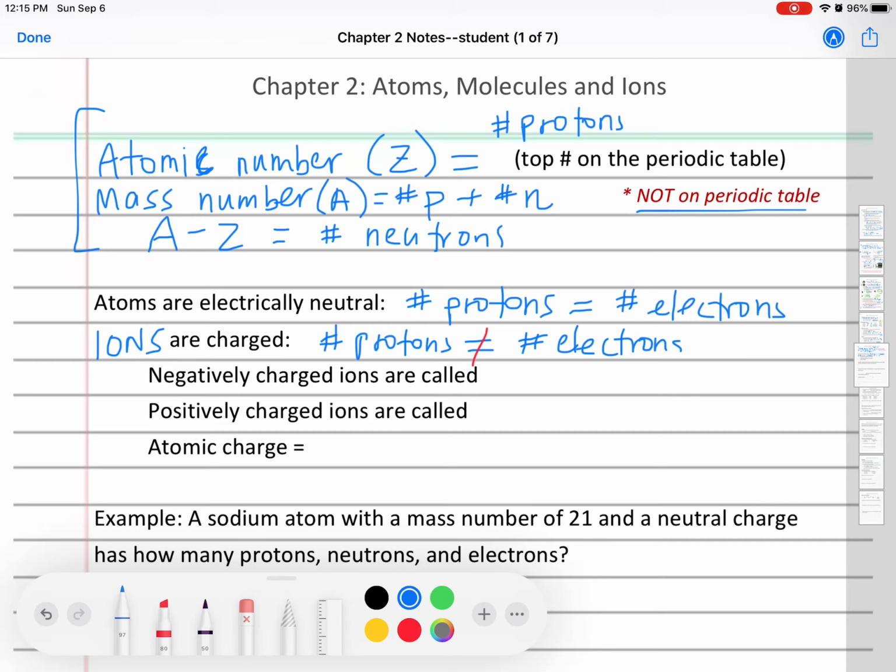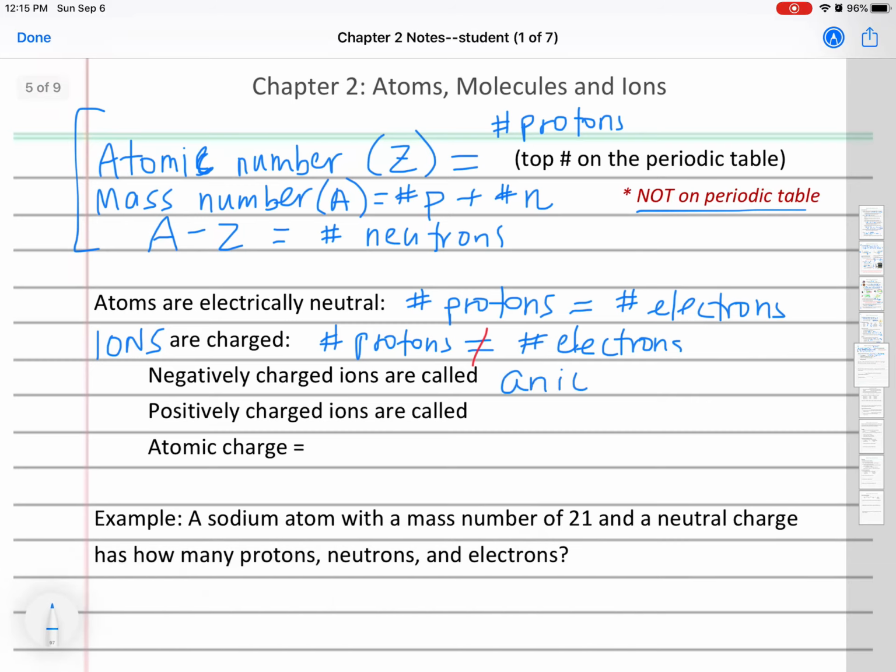So negatively charged ions, we call those anions. And positively charged ions are called cations. And a funny mnemonic that I've heard throughout the years to remember that cations are positively charged is that cats have paws. Positively charged, cat paws.